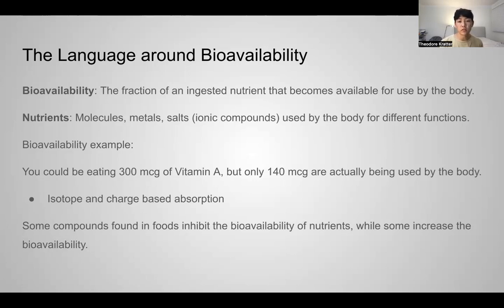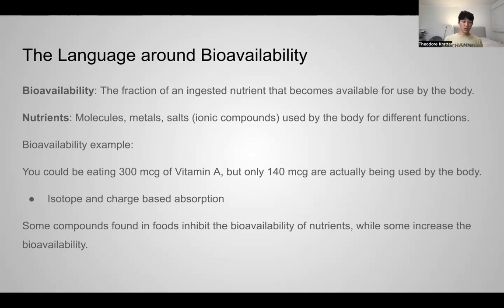This includes molecules like vitamin A, vitamin K, vitamin B, different metals that we know from the periodic table, salts, electrolytes, and these are all used by the body for different functions in the brain, in our muscles, everywhere really. If you don't have a concrete understanding of bioavailability, here's an example.